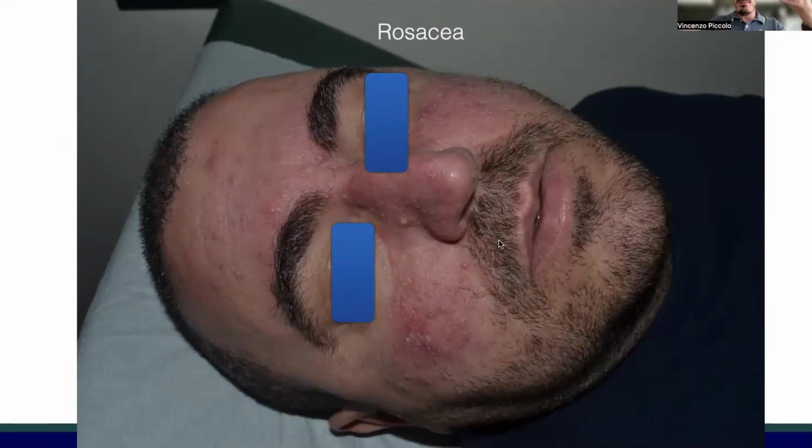And even if we can observe some cases of rosacea in children too, we have recurrent erythema associated with telangiectasia of the face, and in the last phases of disease, we can observe pustules, like in this patient, and sometimes enlargement of the nose.